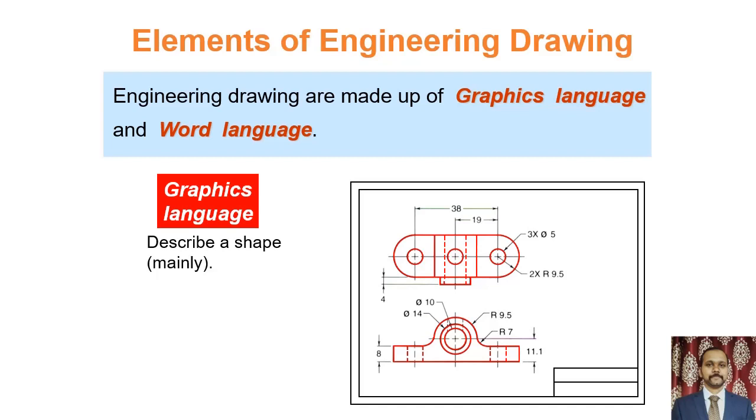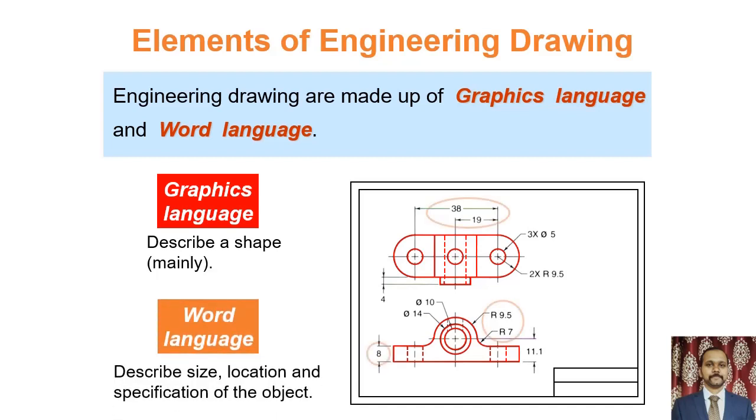It is not only that we are going to use this graphical language; there is another thing that is very important in engineering drawing, that is word language. So what is word language? It describes your locations, some dimension part, some specification, describing size, all this comes into word language.